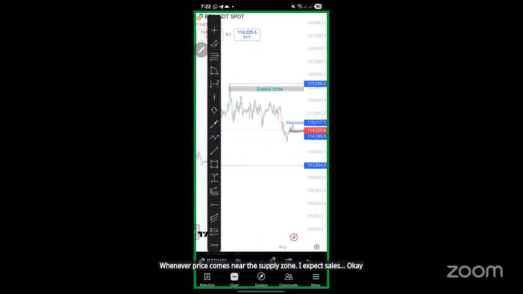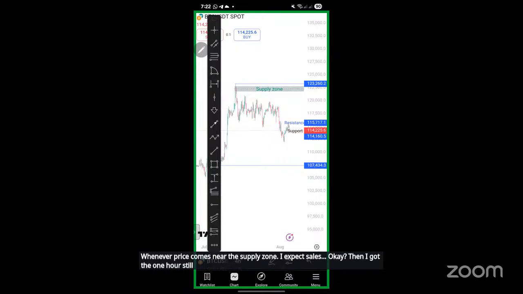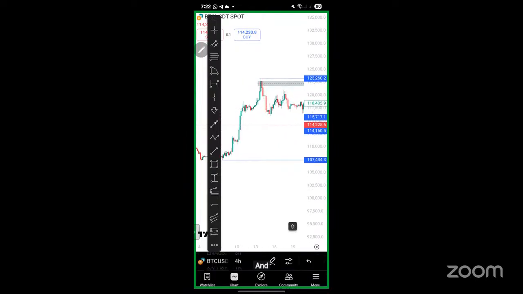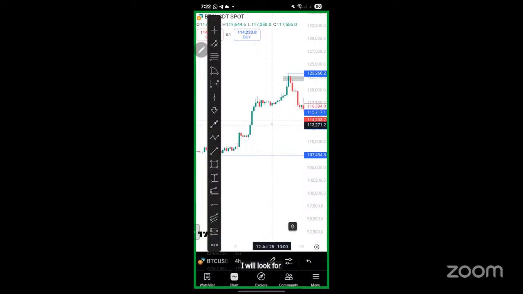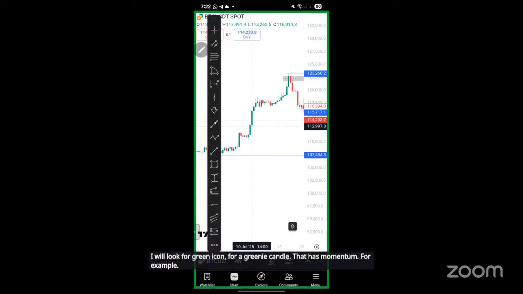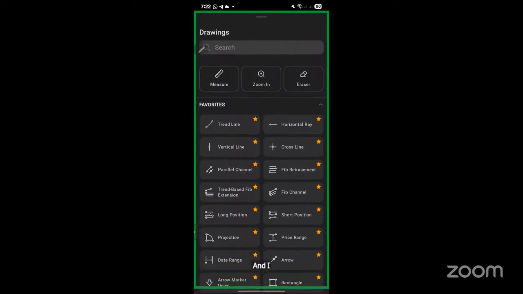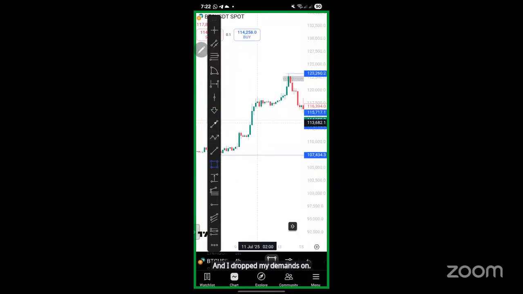Then I got the 1 hour still down here, and I draw the demand zone. How will my demand zone be? I will look for a green candle that has momentum. For example, this one has momentum. Then I take this previous candle, the small one here, and I enclose it like this.